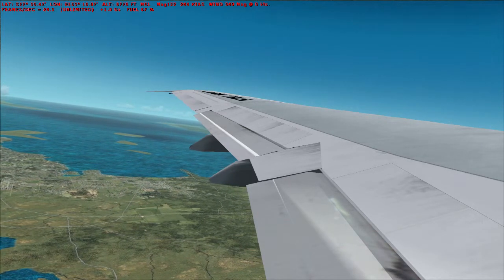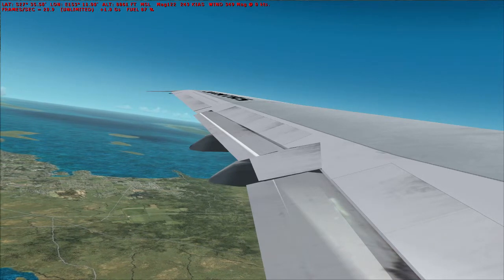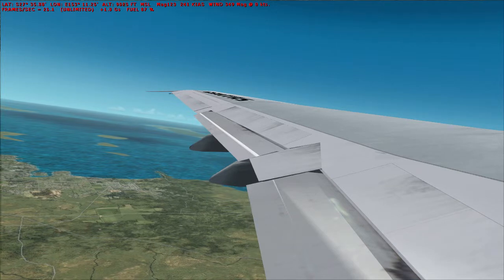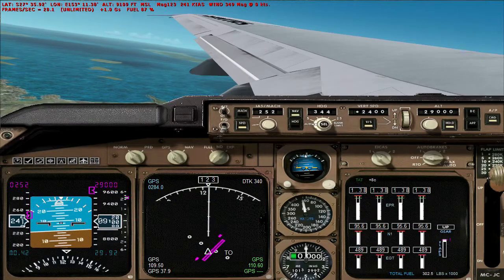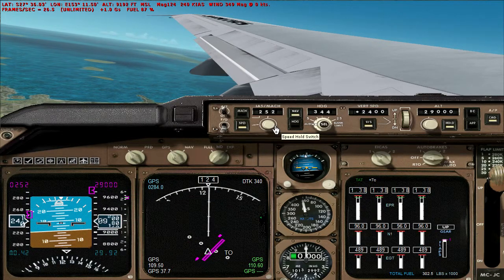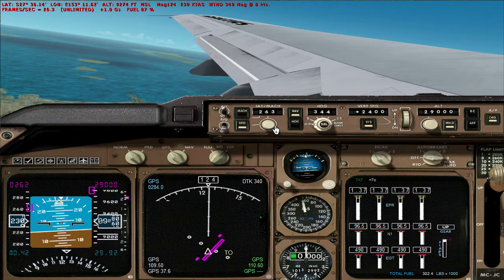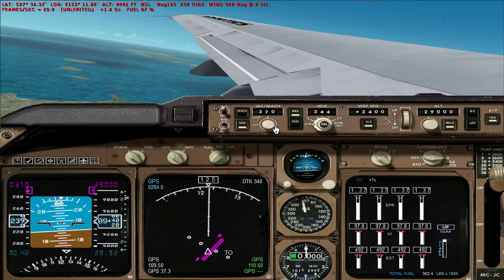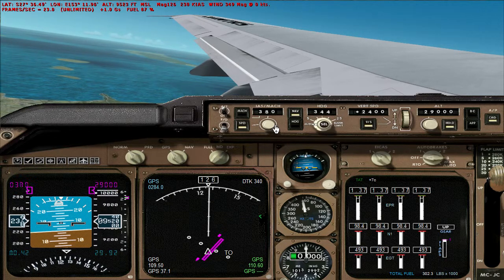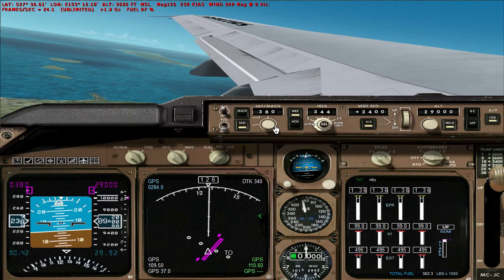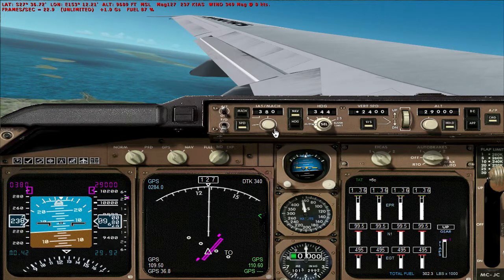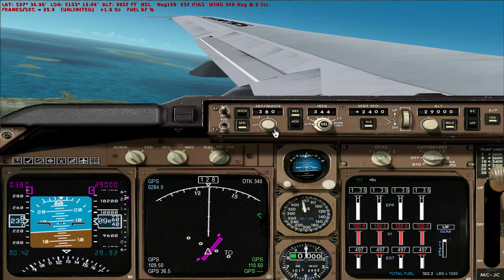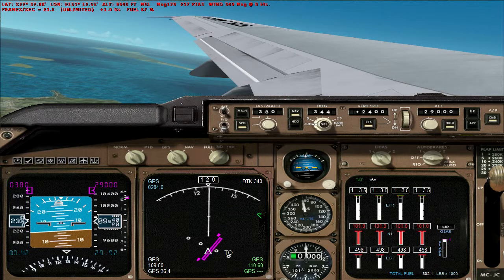As soon as we get through 10,000 feet, I shall raise the speed to 380 knots indicated airspeed. Now 380 knots airspeed doesn't sound like a lot, but it's indicated airspeed and it's also relative to the altitude that you're flying at.